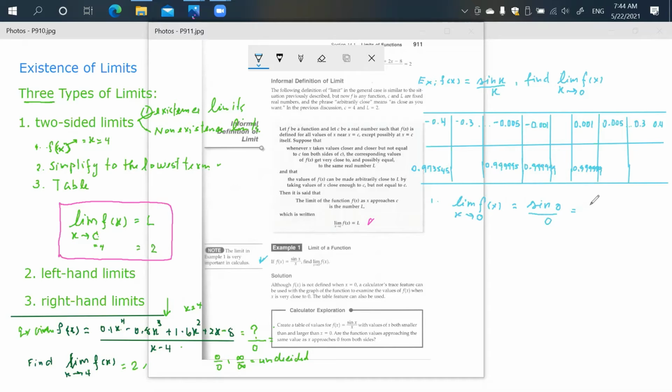Because sine 0 is 0, it becomes 0 over 0. So in this case, it's undefined, correct? Then this first step couldn't be done. Then go to the second one, simplify. This one also couldn't be simplified because it's already in lowest terms. So we go to the next step by using the table.